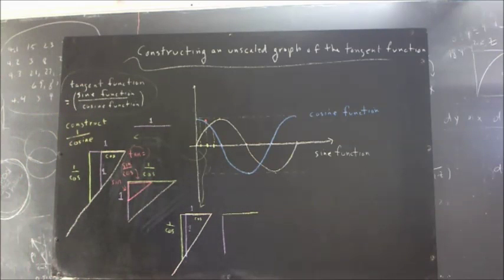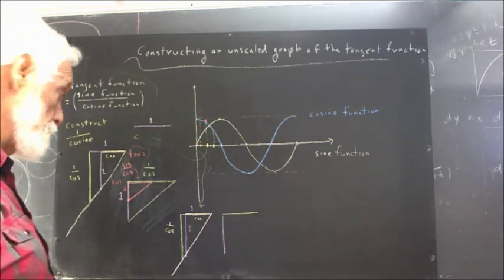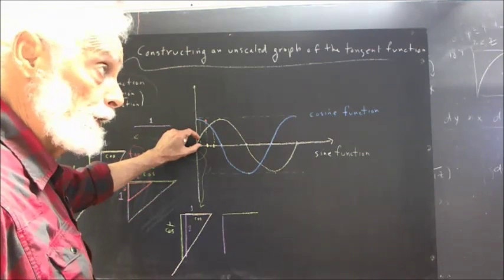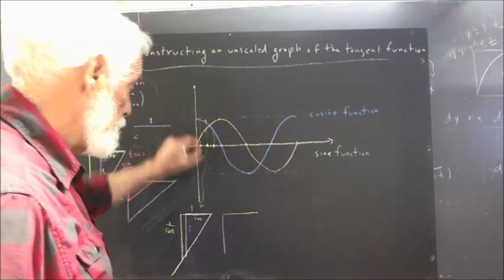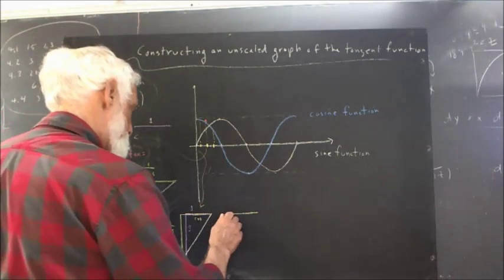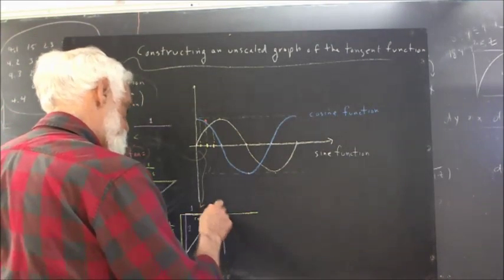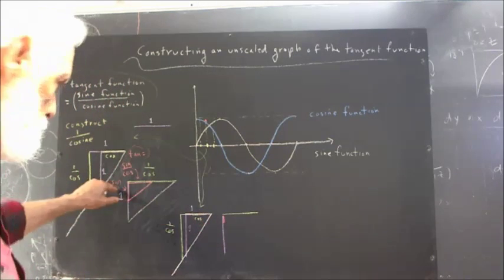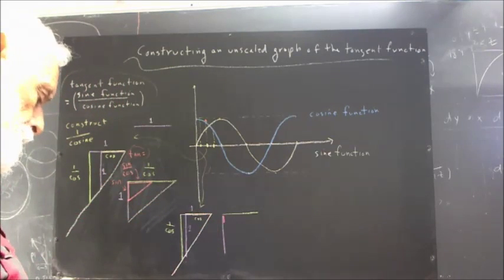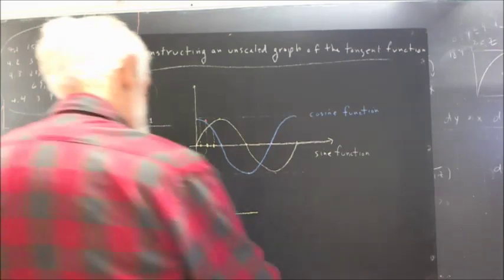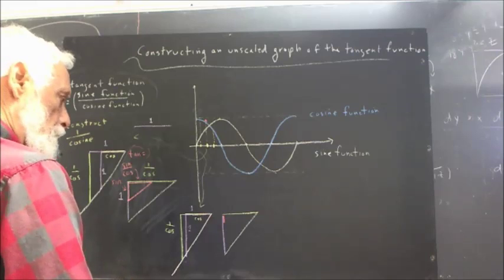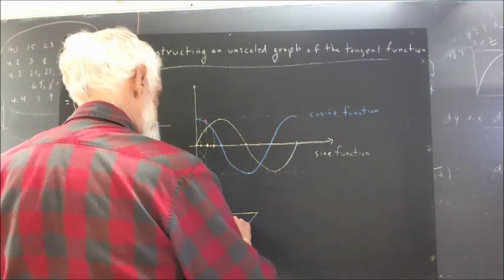And now I want to construct my value of the sine. Well, the sine is much shorter. It's only this big. So if I construct that value, here's my value of the sine. And I'm not going to try to label that, but we know that's the value of the sine. And now I can complete the construction.